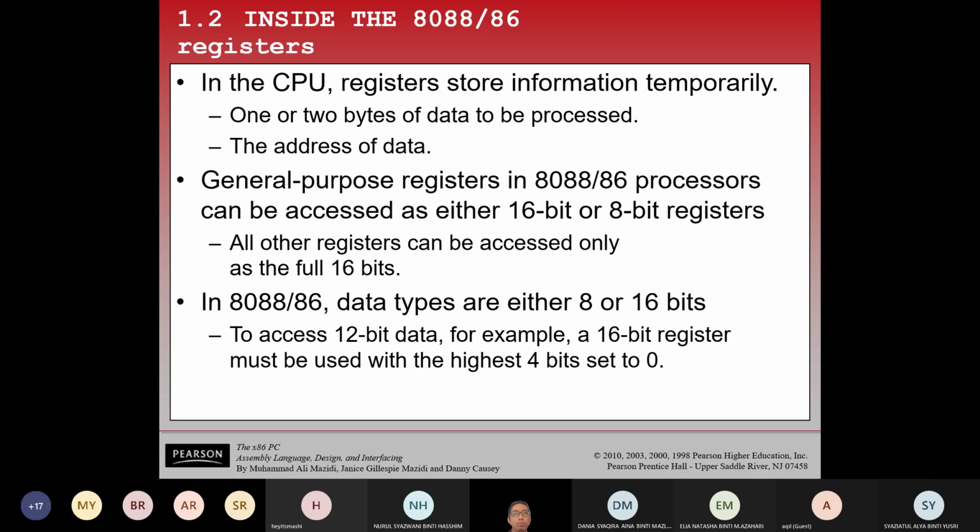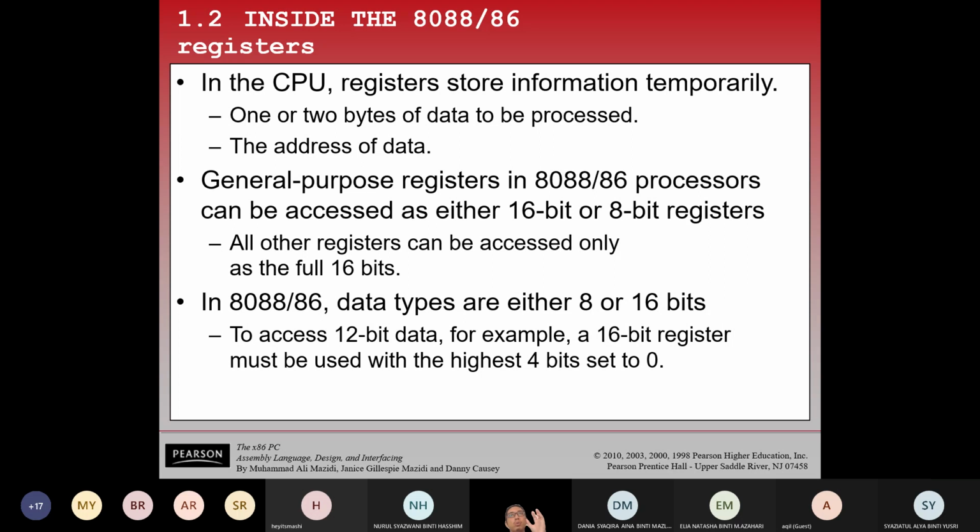Let's move to the register. The register stores information temporarily. It is inside your CPU, so it is like memory.